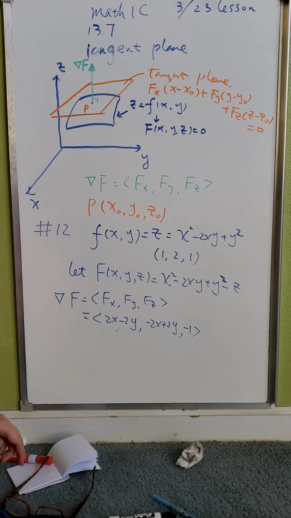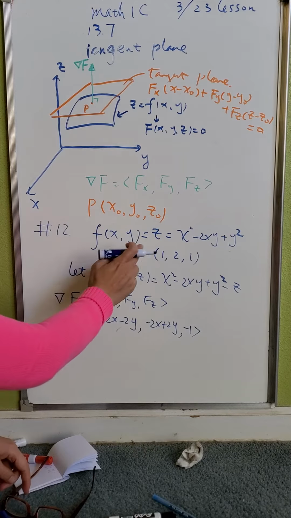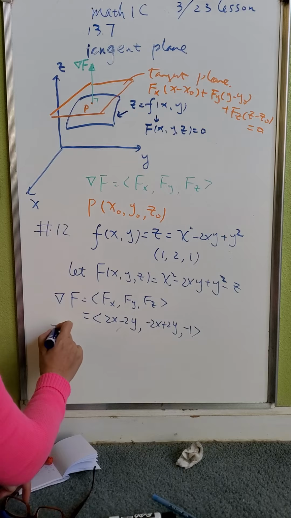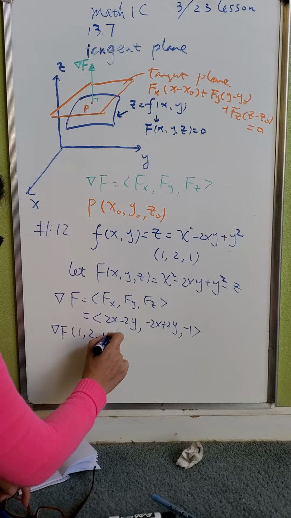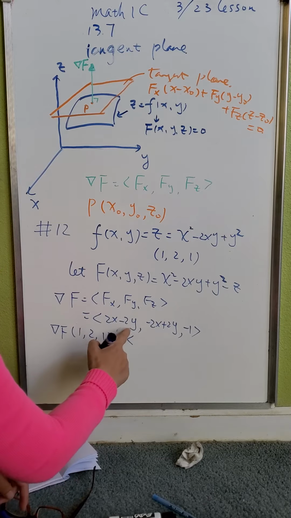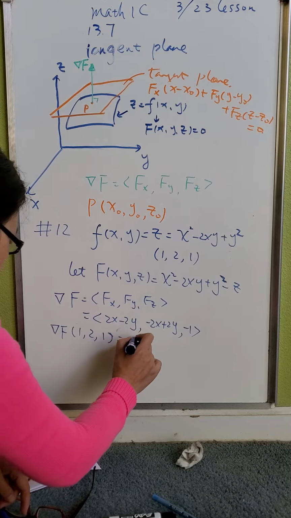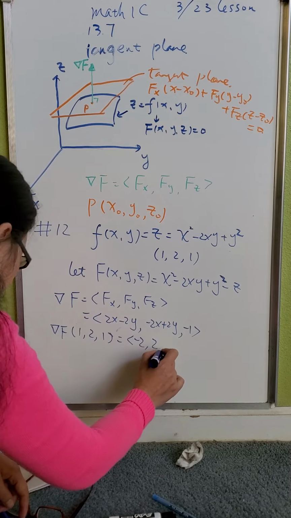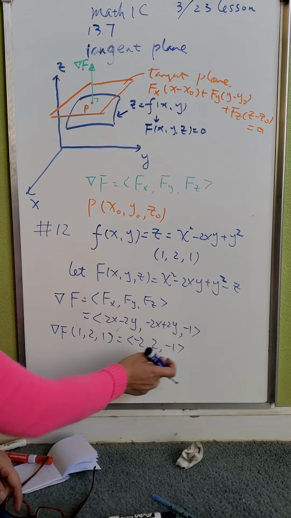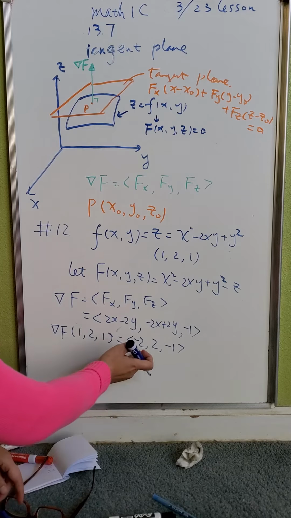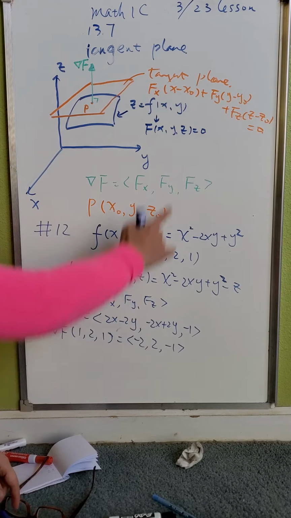And now we're going to put the point in here. Del f at 1, 2, 1, I put the point inside, I get negative 2, 2, and negative 1. So this is the normal vector, the coefficients.